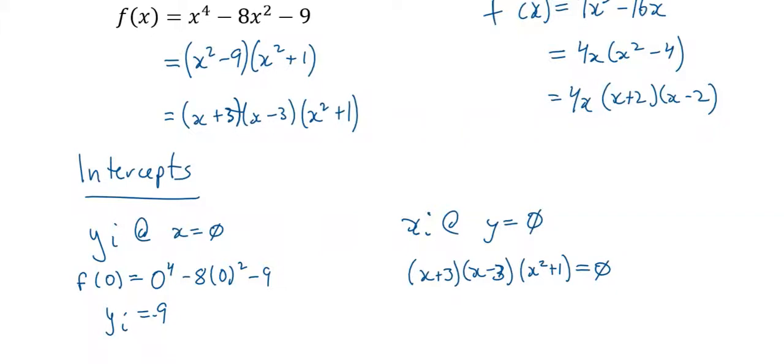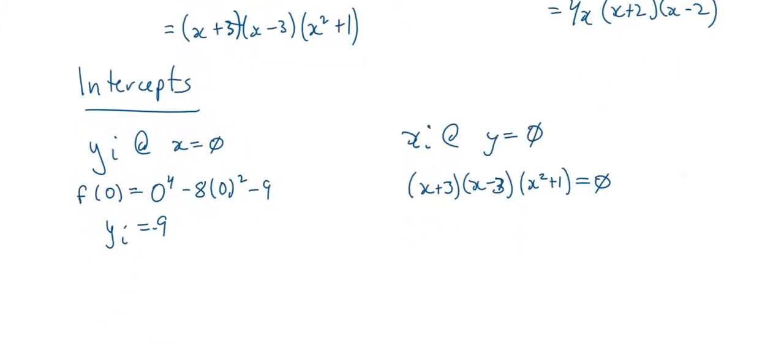Not only is this not factorable, but it's not solvable. So there's no x-intercepts there. So I've got 2 x-intercepts and they're plus and minus 3.